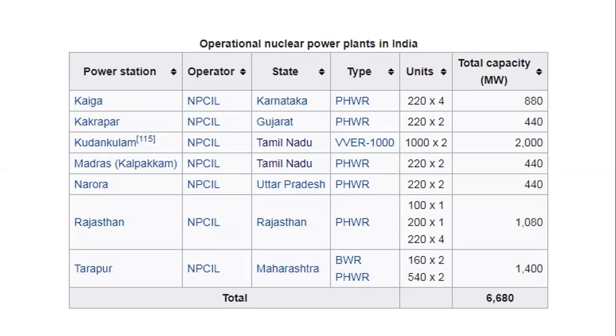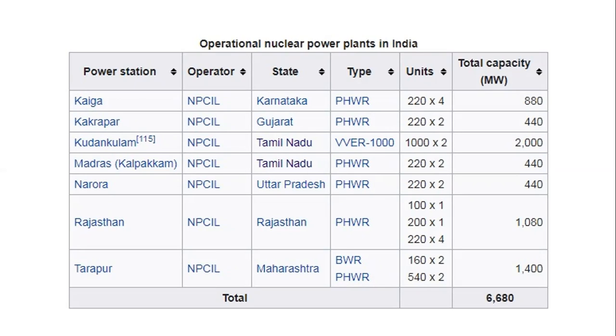Let's see first the Kaiga, which is operated by the Nuclear Power Corporation of India Limited and is situated in Karnataka. The type of reactor placed in this Kaiga nuclear power station is the pressurized heavy water reactor.